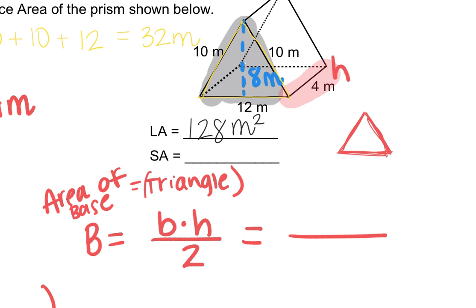Okay, so I know that I need the base, which is 12, and h, which is the height, and I gave you that. It's 8 meters. So that's the two pieces of things that I need to find the area of this triangle. So I'm going to do 12 times 8, and I'm going to divide it by 2 to get B.